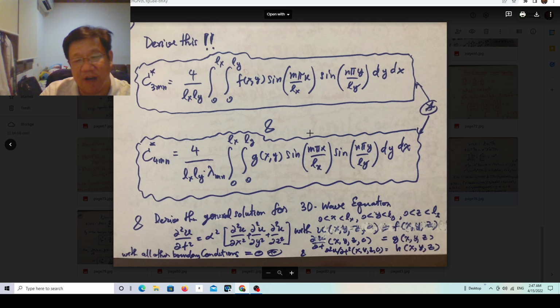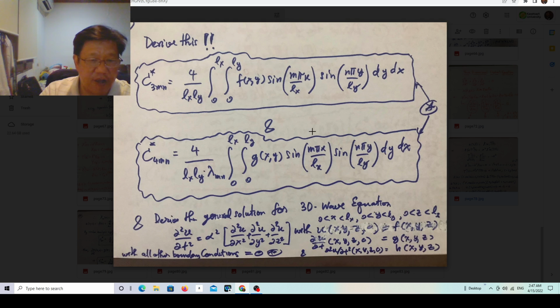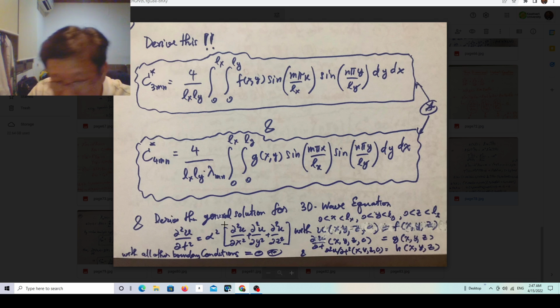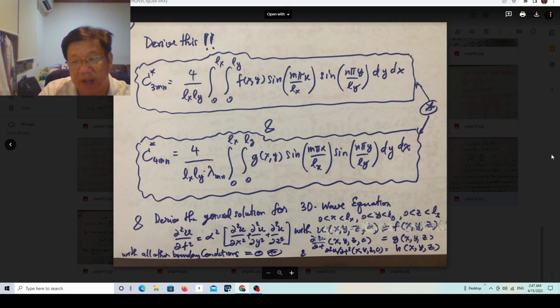That can start from one dimension relating to the original one-domain Fourier series, two dimensions become double Fourier series, and three dimensions you can guess is going to relate to what we call the triple Fourier series. So I leave this for your exercise, that you can derive the general solution for the three-dimensional wave equation here.